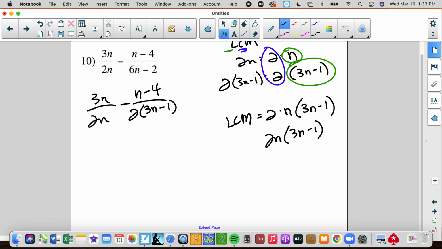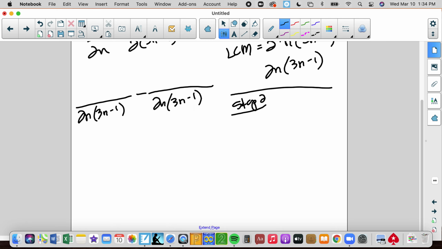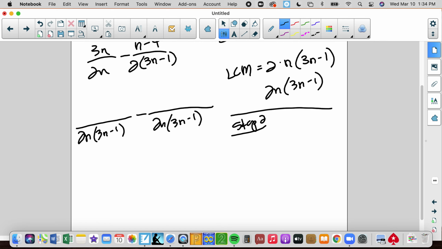All right. We all like a good challenge. So 2n times the quantity 3n minus 1 minus 2n times the quantity 3n minus 1. Step 2, equivalencies. So what is the equivalency? 3n over 2n equals what over 2n times 3n minus 1.